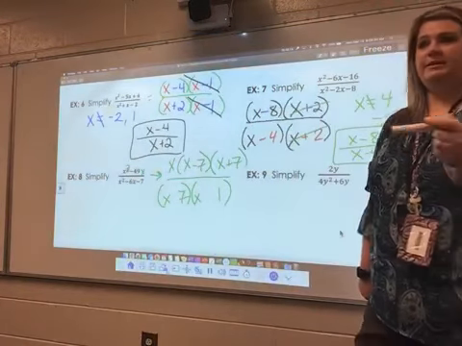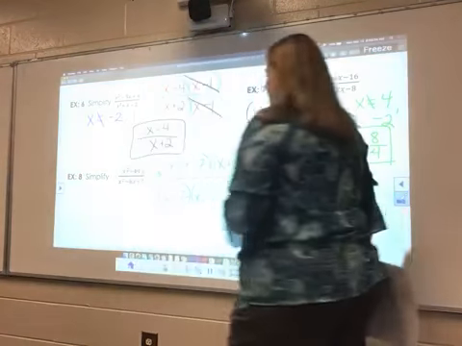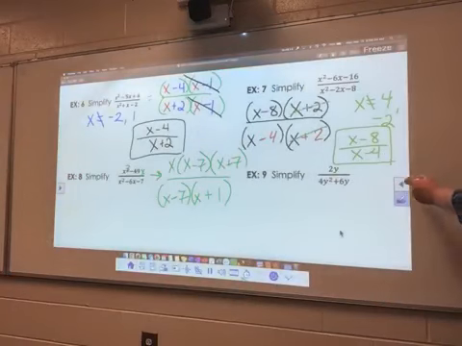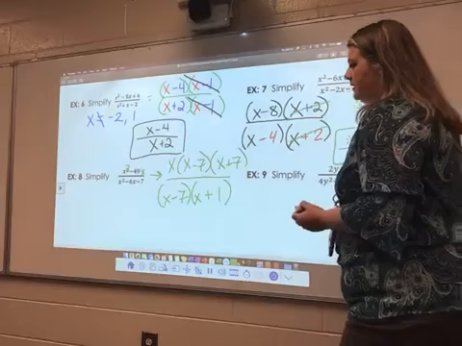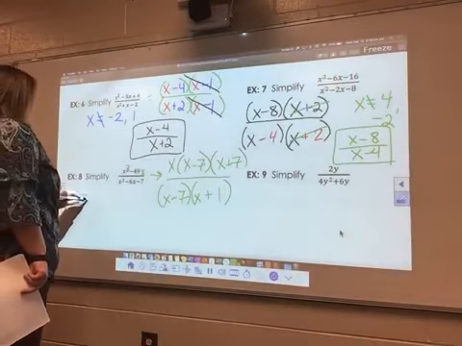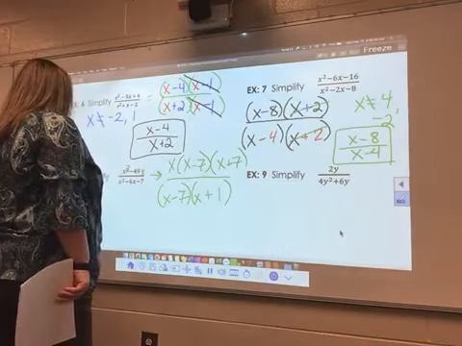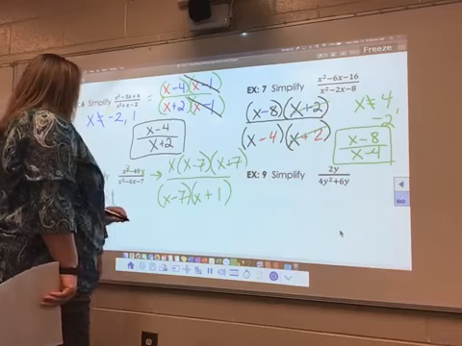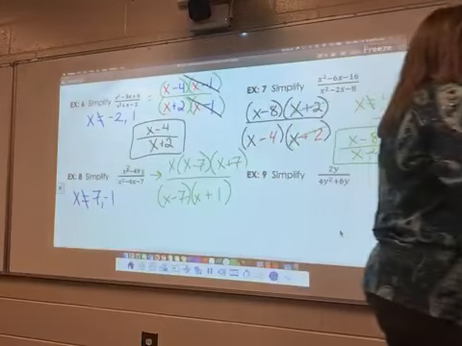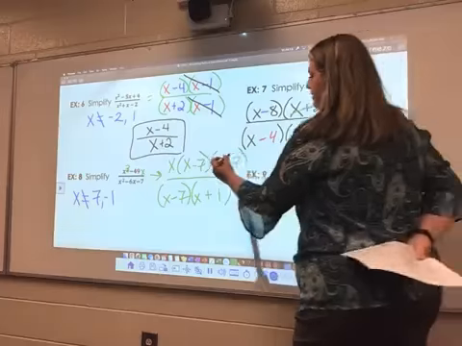So x cannot be a positive 7 and a negative 1. And then I get rid of my x minus 7.